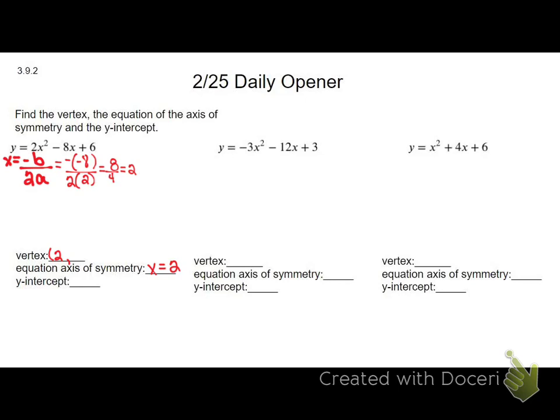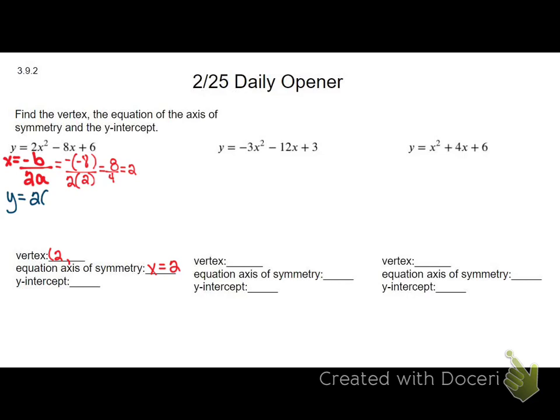How do I find my y value now? Any ideas? So when I see that x, what should I substitute for it?